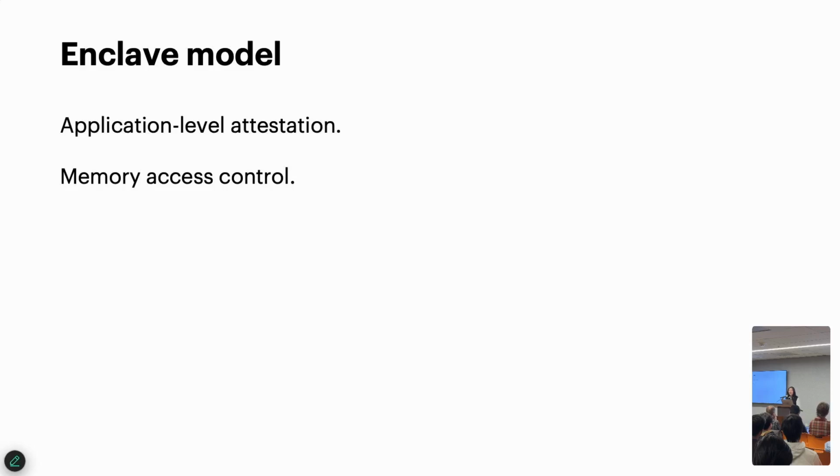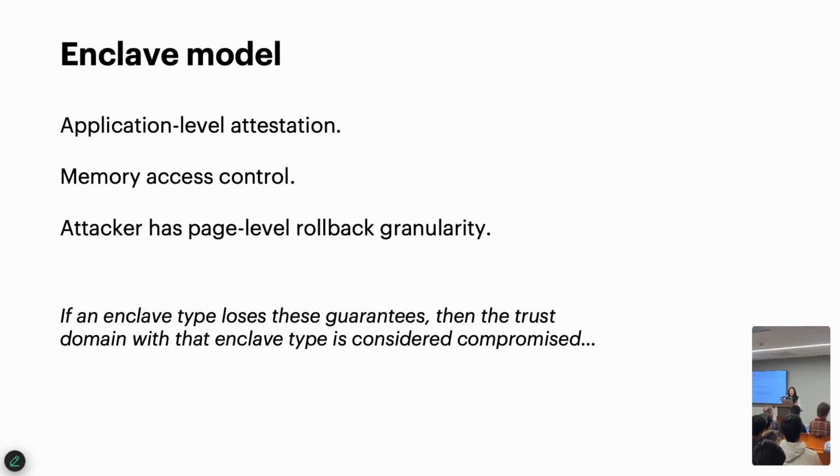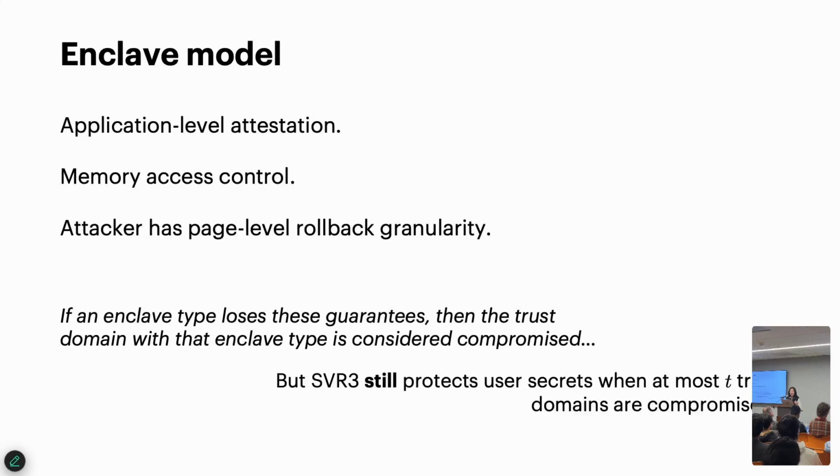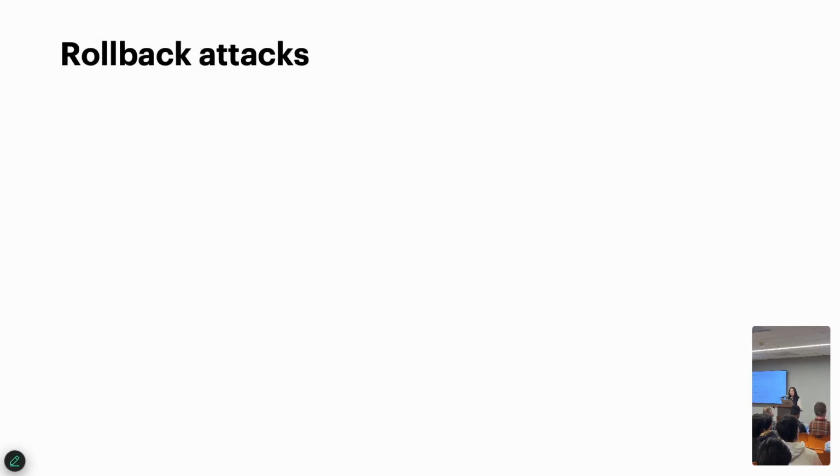We have memory access control, which means that when I'm running inside this enclave, the memory is encrypted, so an outsider cannot just dump the memory of this application and get the shares that way. And the attacker has page-level rollback granularity. If an enclave type loses any of these guarantees, then we consider the trust domain to be compromised. But again, like I said before, we're still protecting user secrets when at most T of these trust domains are compromised.